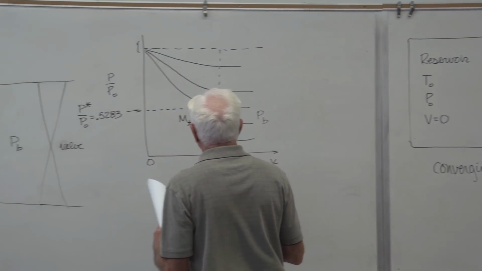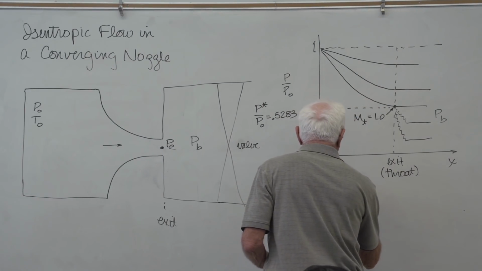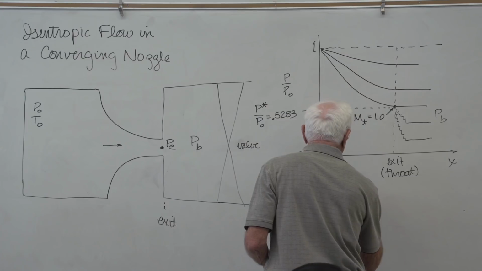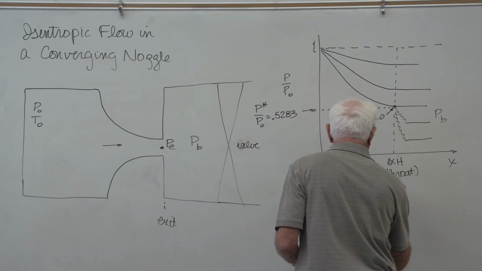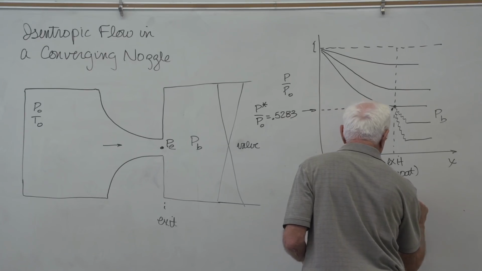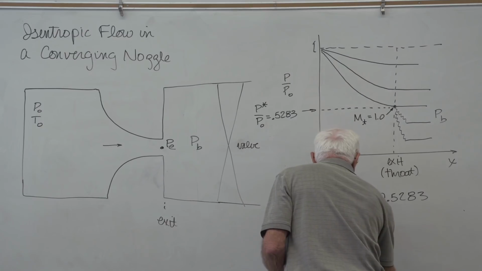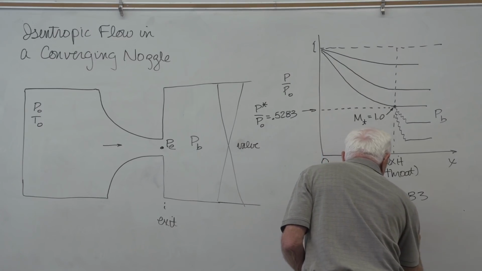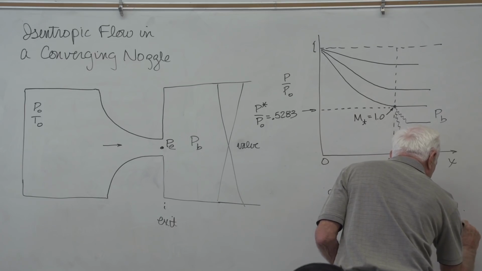So that's called, if P back over P naught is less than 0.5283, no more mass flow passes through the nozzle.